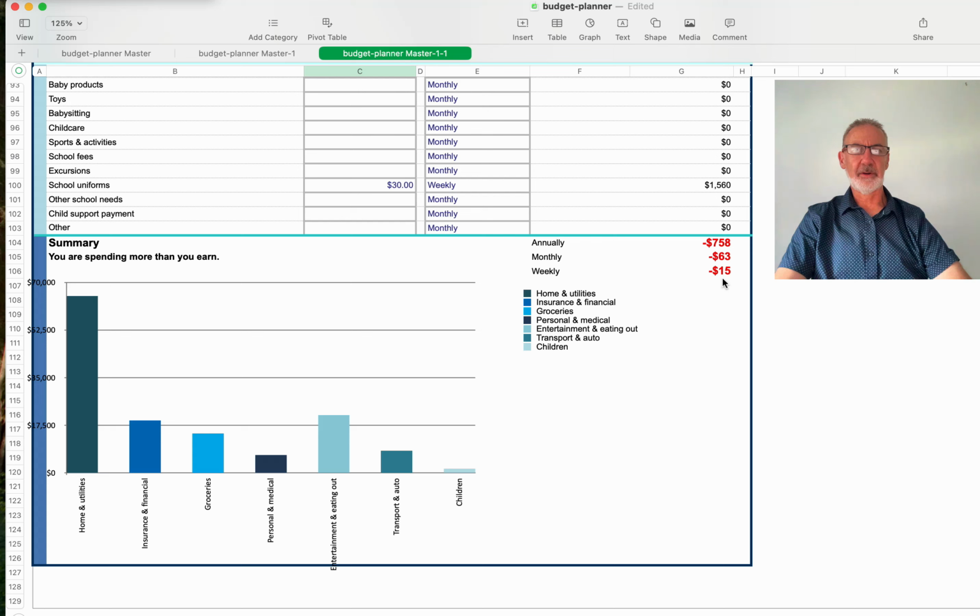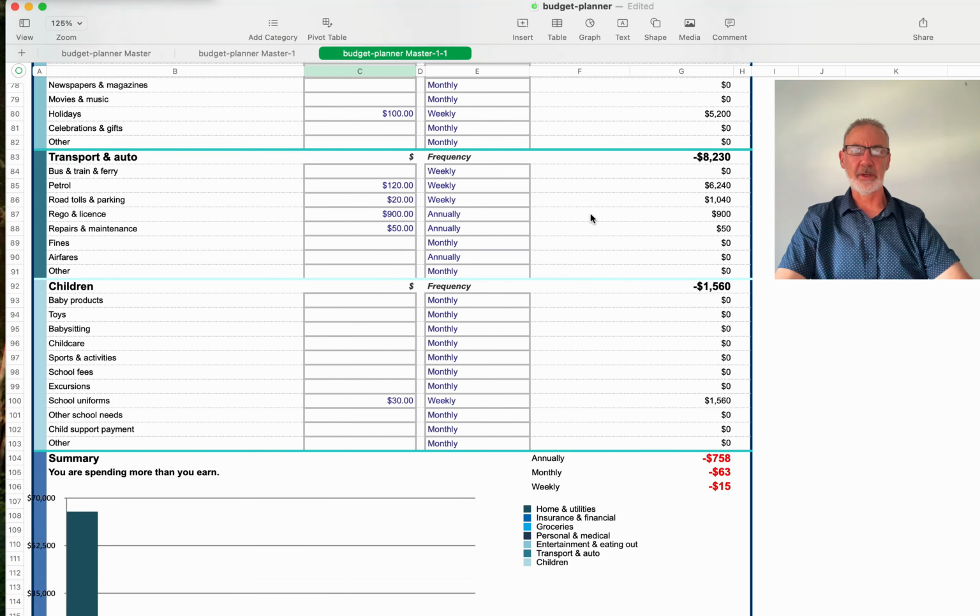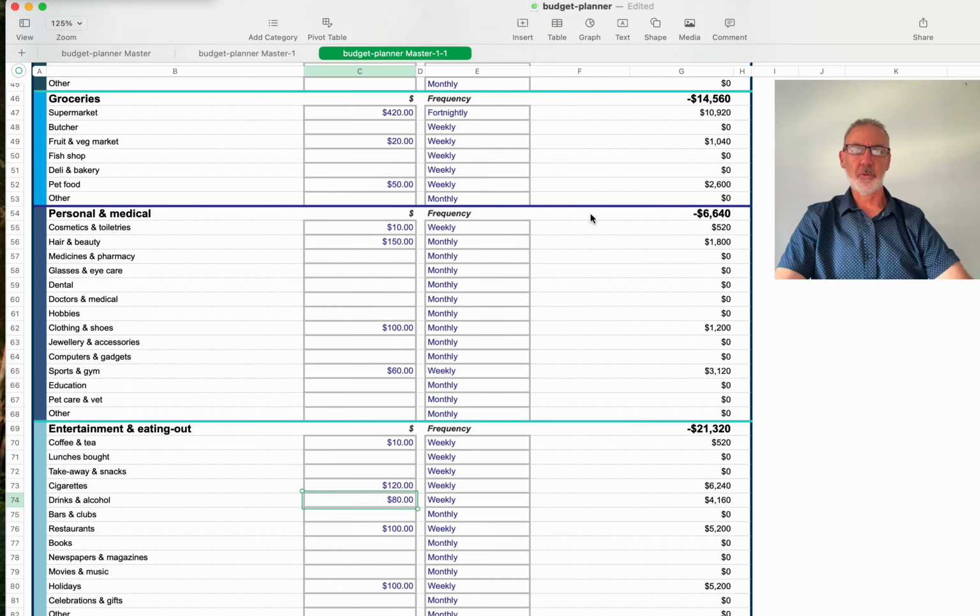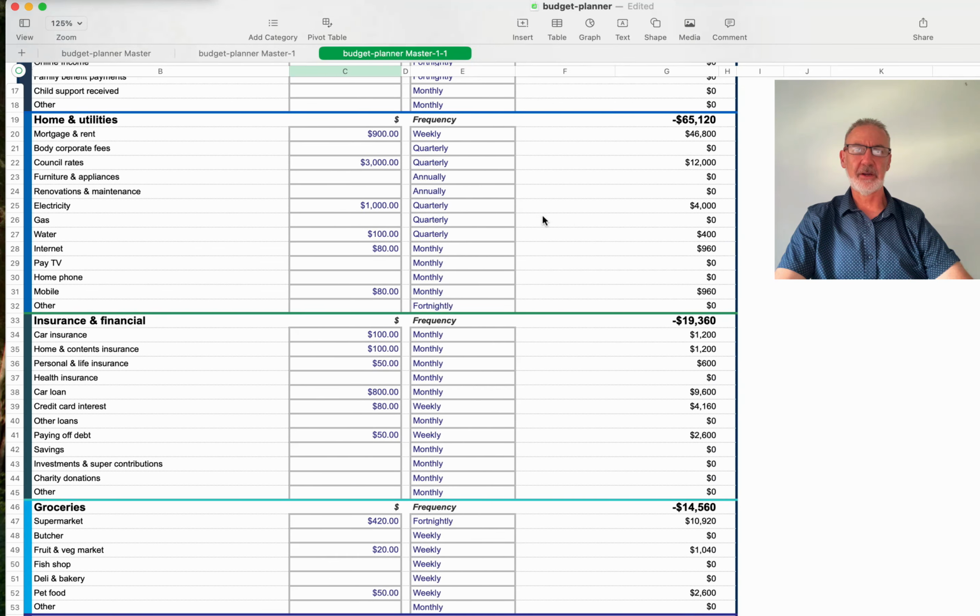And what can happen, you might be able to go week by week paying the bills, but some of these will be annually or monthly or quarterly. So if you're paying, say for example, annually, it might be having to buy new furniture, or even quarterly.